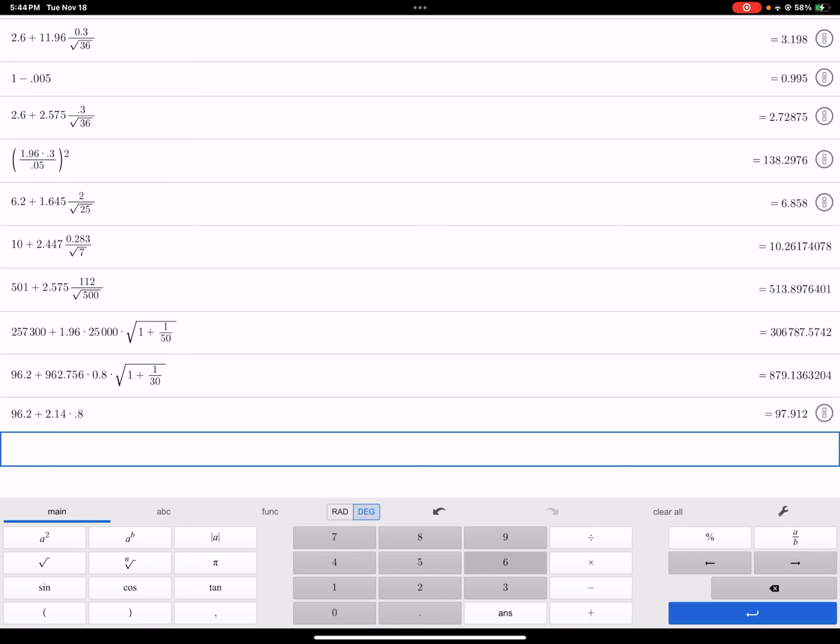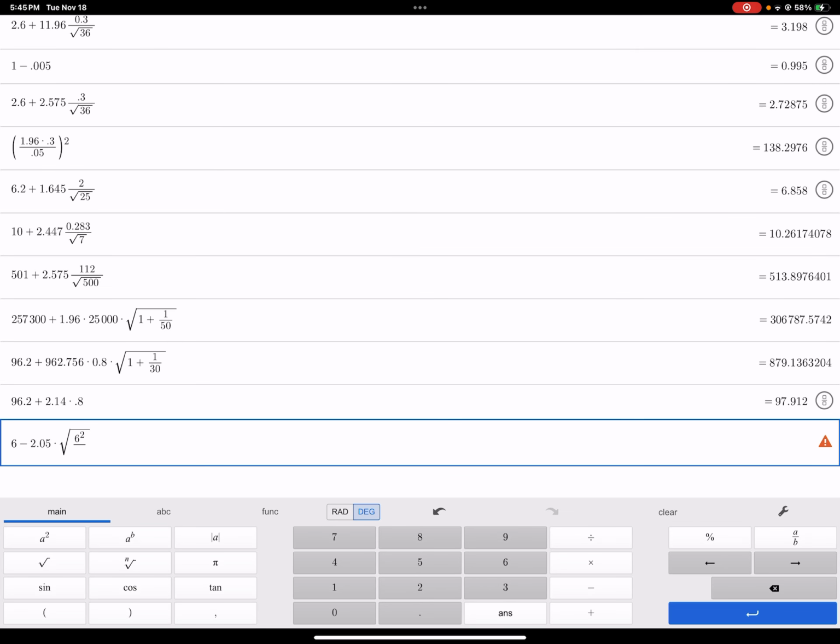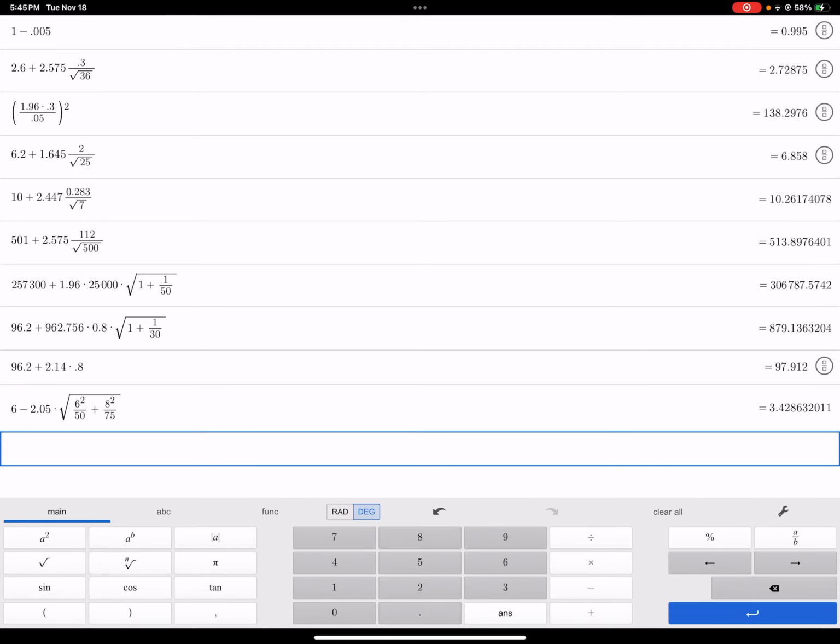I'll do the minus first. 6 minus 2.05 multiplied by the square root of 6 squared over 50 plus, no, I need to stay under there, plus 8 squared over 75. So my lower bound is 3.429.